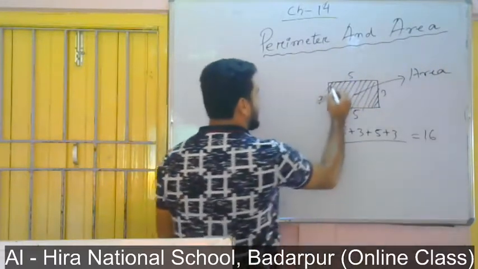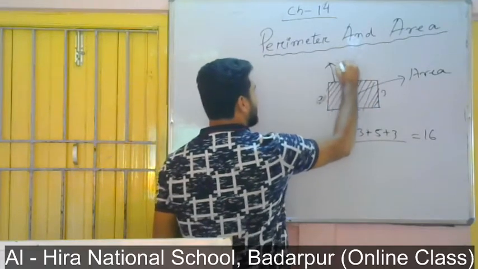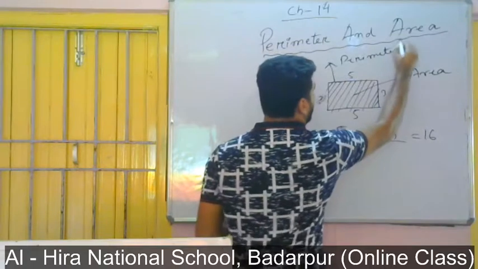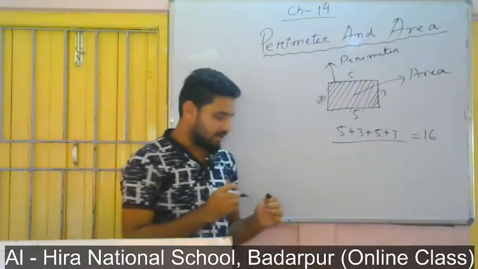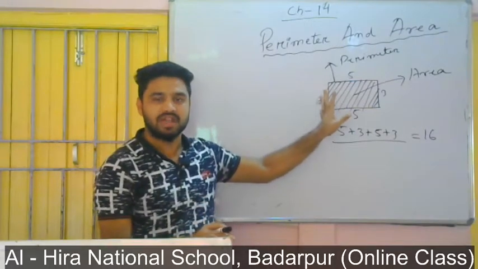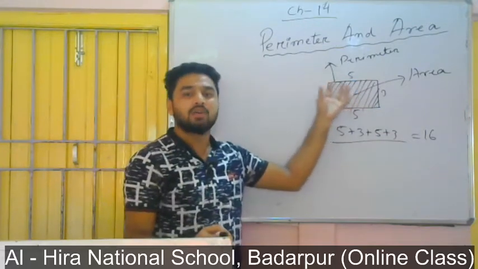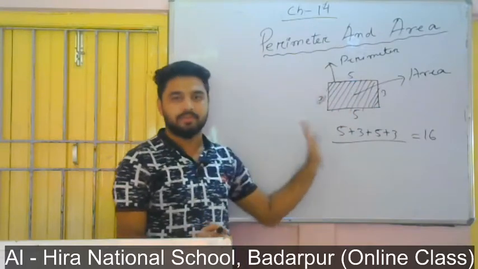Okay, and if you add all the boundary line, then that will be the perimeter, as I said earlier. Okay, I hope you have understood what is perimeter and area. Perimeter is the total boundary length of any closed surface, and area is the total amount of surface covered by any shape. Okay.